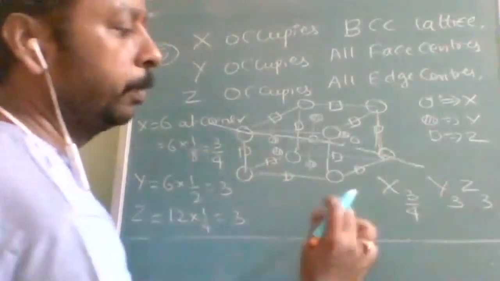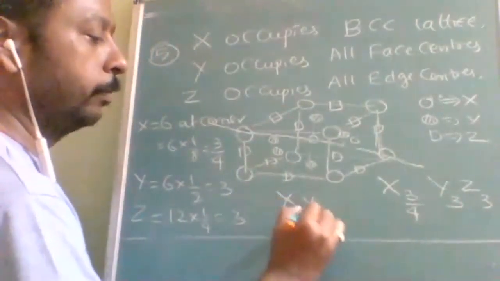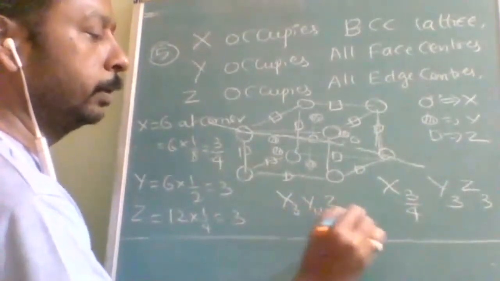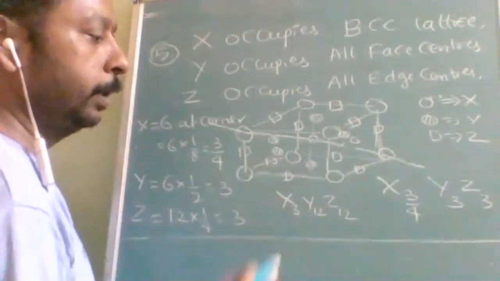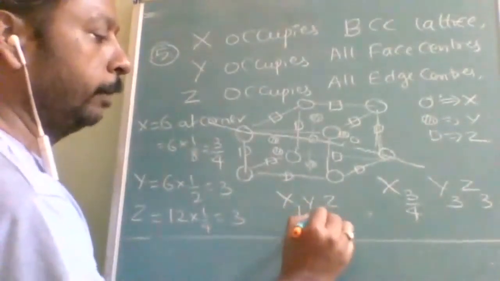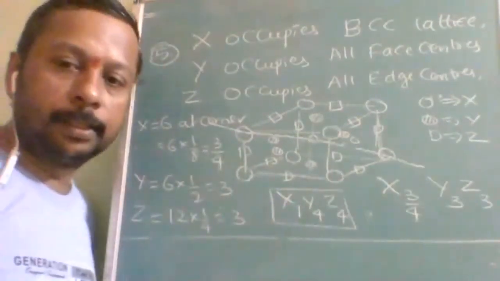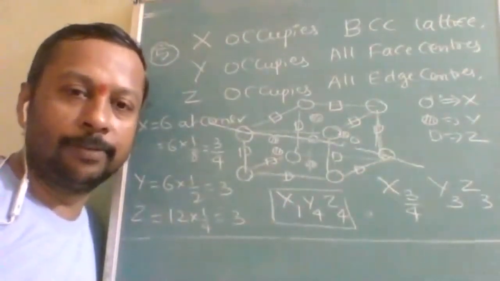Now I have to multiply everybody by 4. Then X3, Y12, Z12, and divide by 3. So the answer will be X1, Y4, Z4.